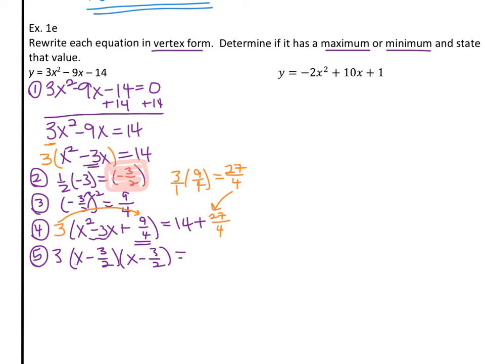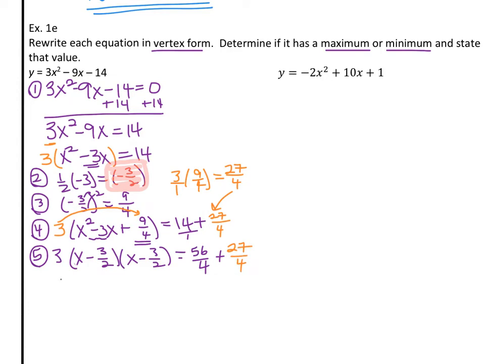On the right, we have a little bit of work to do. We need to make a common denominator in order to properly add these two together. A common denominator of 1 and 4 would simply be 4. Therefore, 14 over 1 becomes 56 over 4. And if we add 27/4 to that, we'll be in good shape.